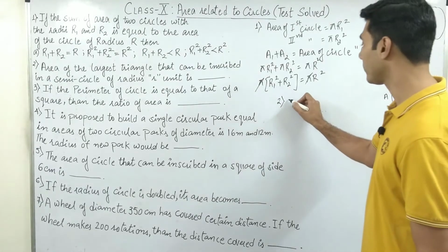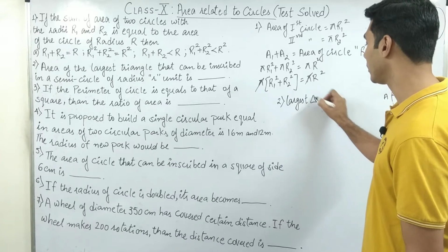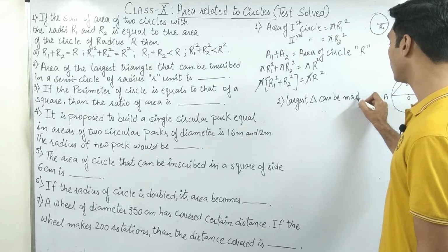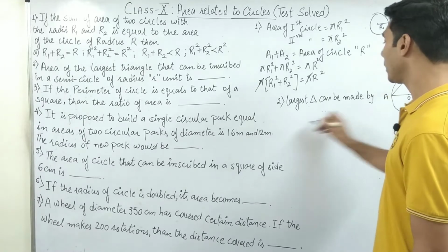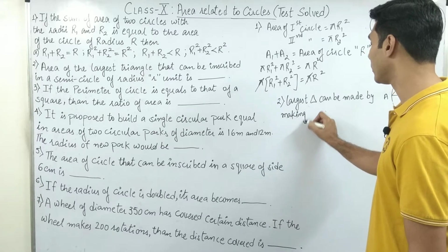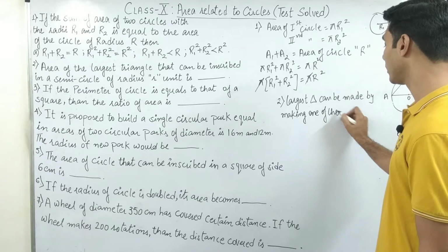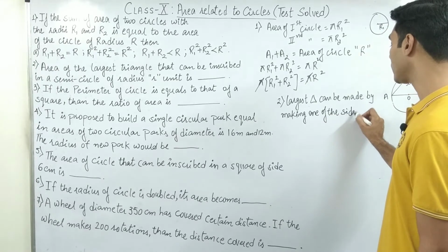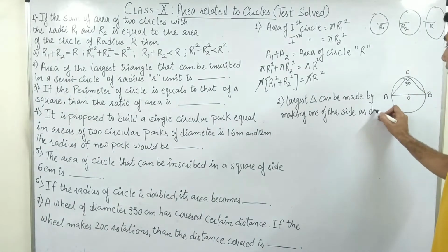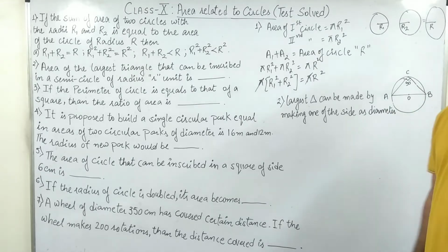So let's write: the largest triangle can be made by making one of the sides the diameter.